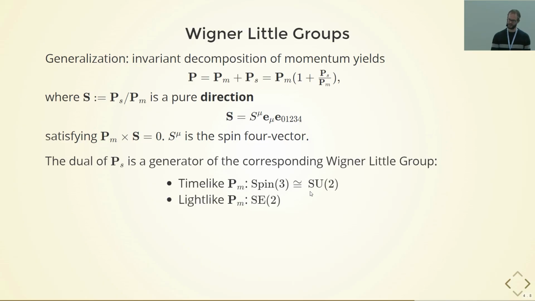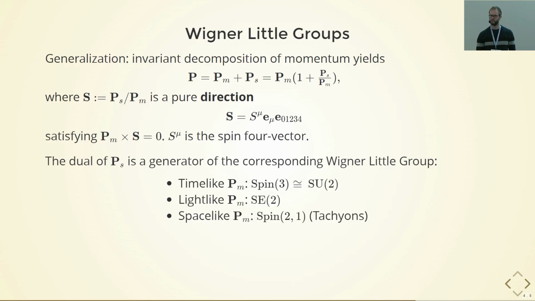If you have a light-like trajectory, like light does, then you find that this invariance group is SE2. And if you have a space-like particle, which are these hypothetical particles called tachyons, then you would find spin 2,1. And that all follows very nicely from studying these different invariance groups.